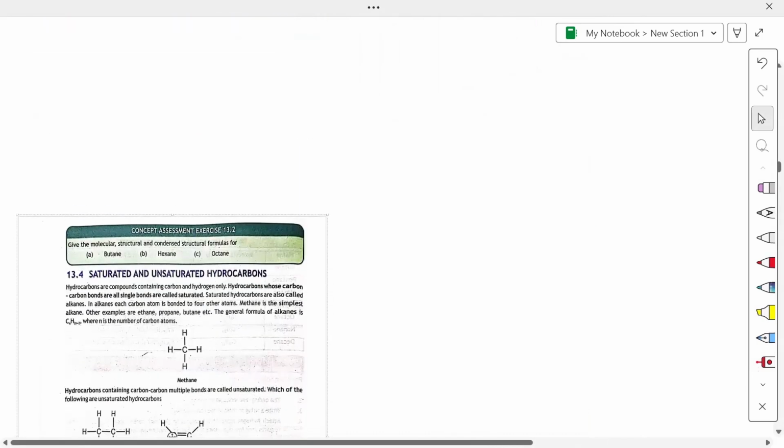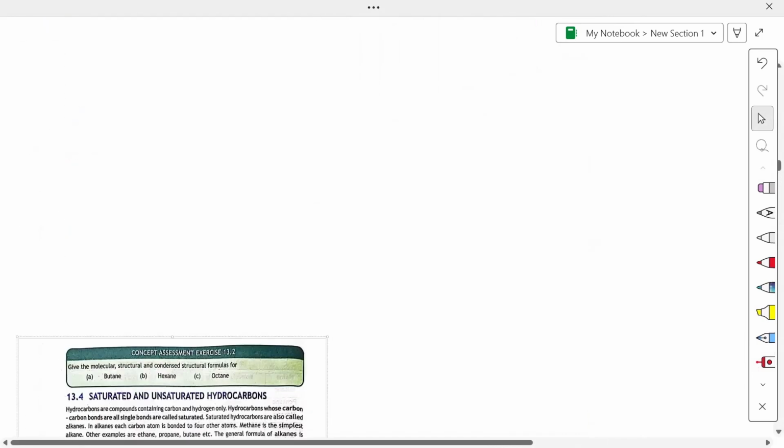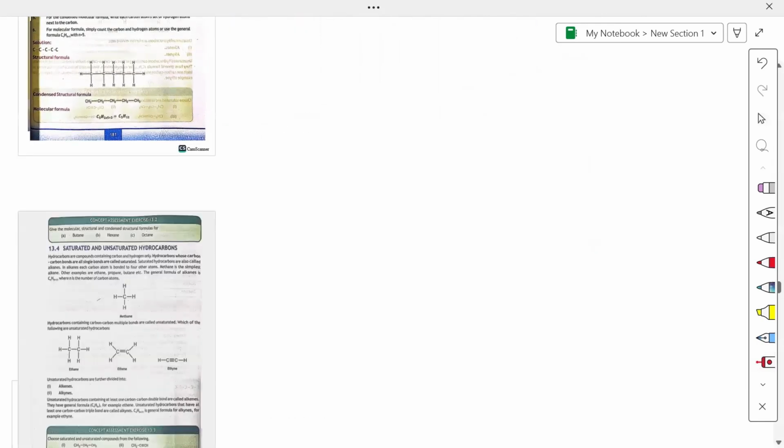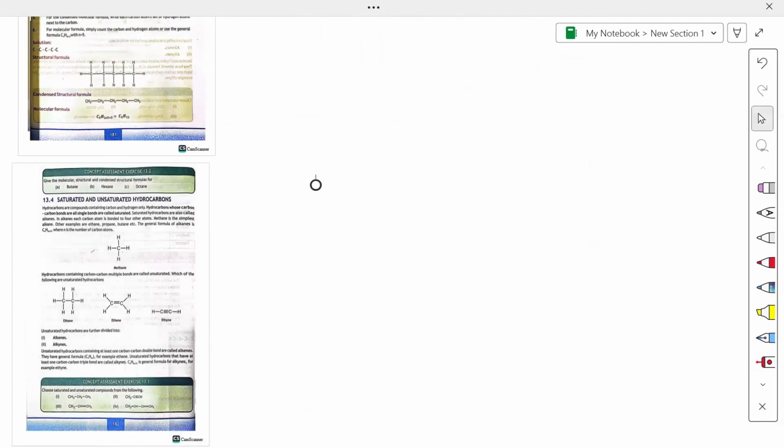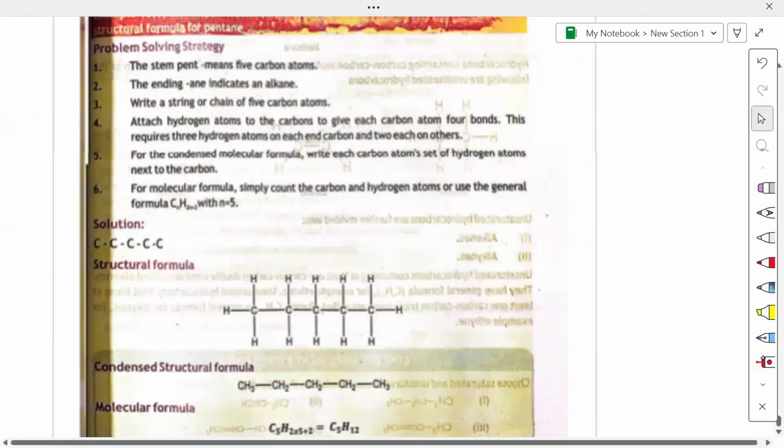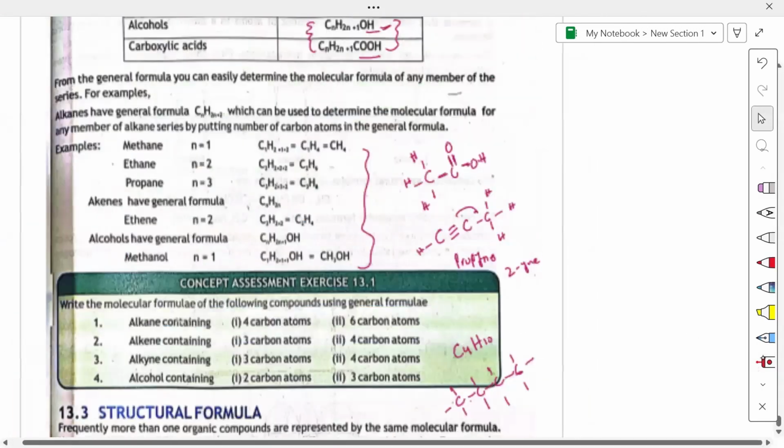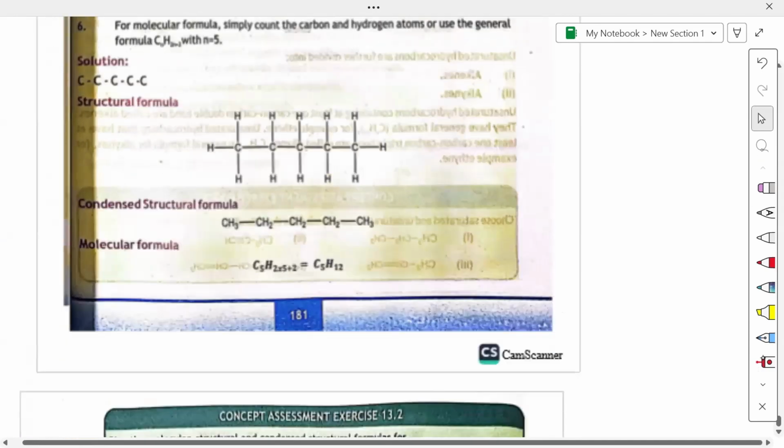Why these pages are so separated from each other? A bit closer to this one. Okay. Where will it go?